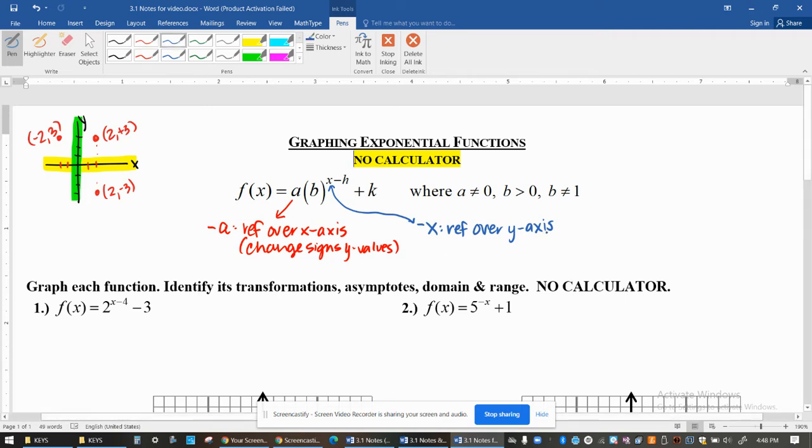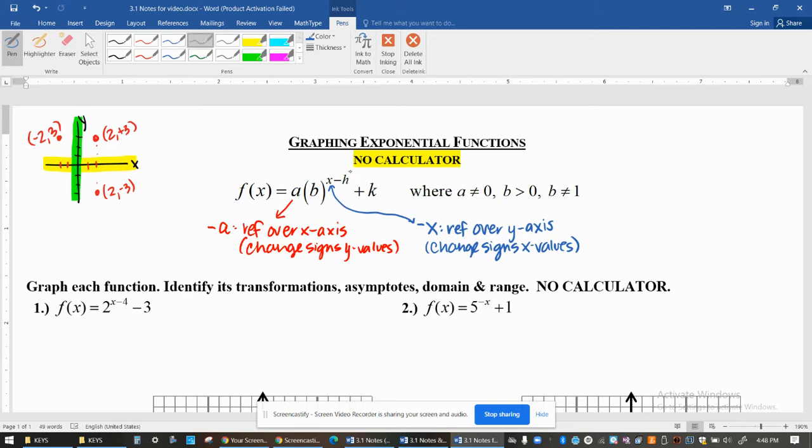Okay, so reflection over the y-axis means that you change the signs for x. This is exactly the same idea as we studied in Unit 1, in Semester 1. Okay, so the idea of reflections and so on and so forth. So the outside multiplier is a reflection over the x-axis, and the one in this case that's inside the exponent, that would be a reflection over the y-axis.